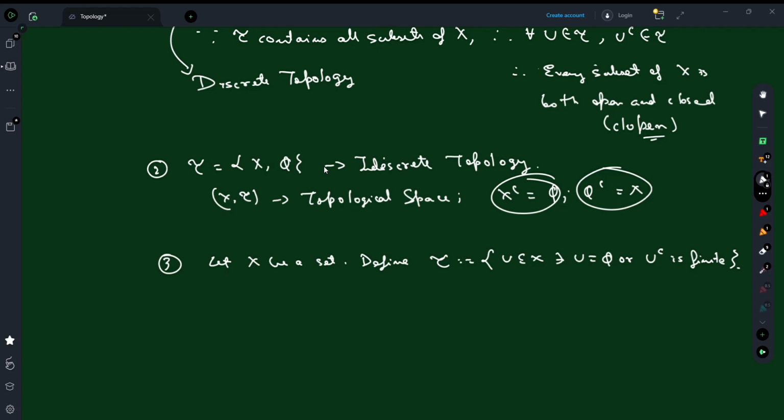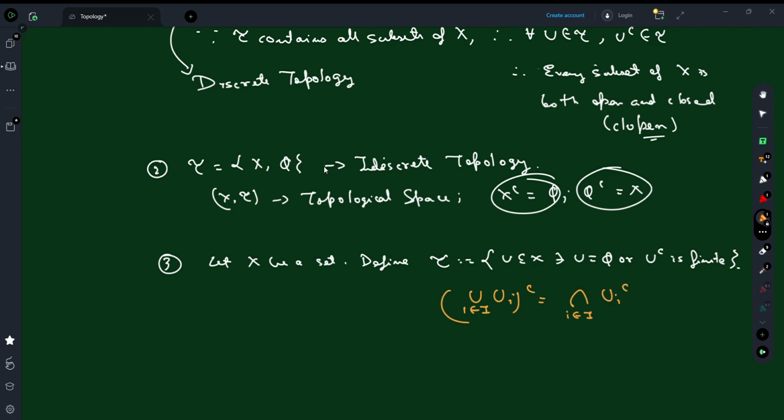Because if you consider an arbitrary union, let me just give a hint. Suppose you have an arbitrary union of elements, union over i in capital I of U_i, where each U_i is in this topology. What's the complement of it? You have De Morgan's theorem, so it's the intersection over the indexing set I of the U_i complements, right?